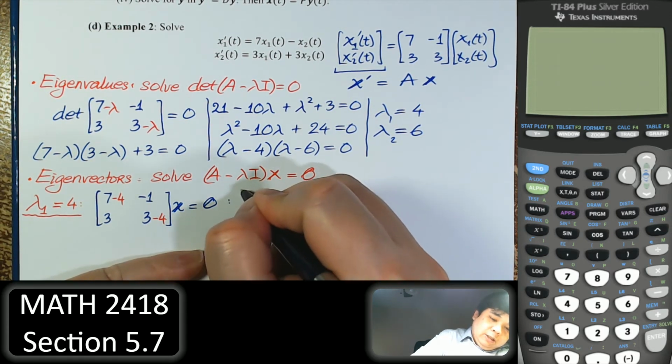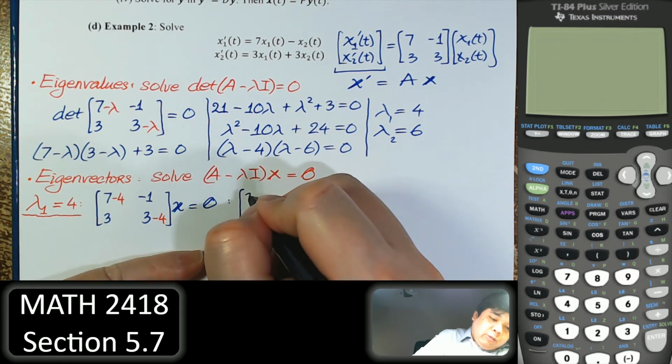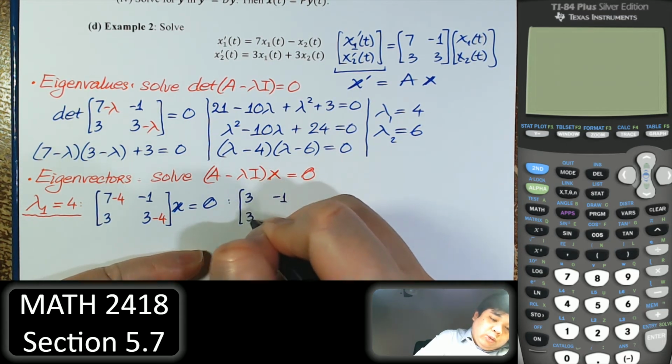Right. So you have 3 and minus 1 and 3 and minus 1.